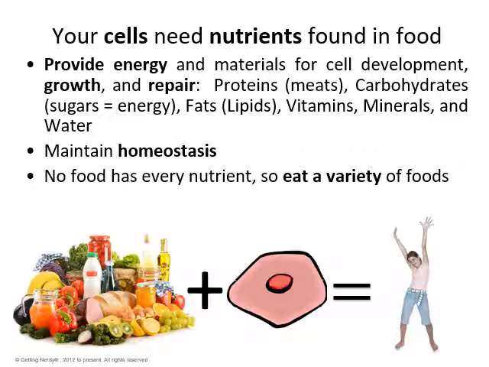In short, homeostasis means that proper nutrition allows our body to take care of itself. It is imperative for us to remember that no food has every nutrient that we need. That is why it is recommended to eat a variety of foods daily.